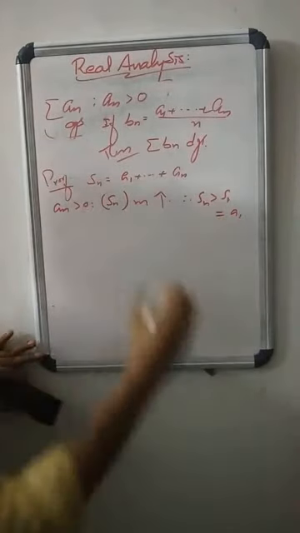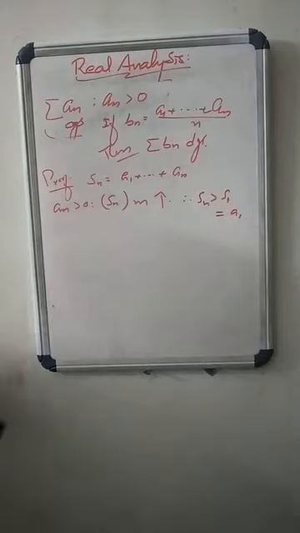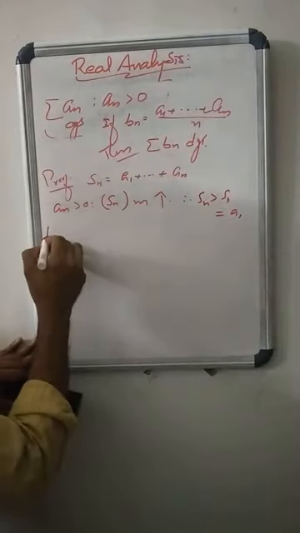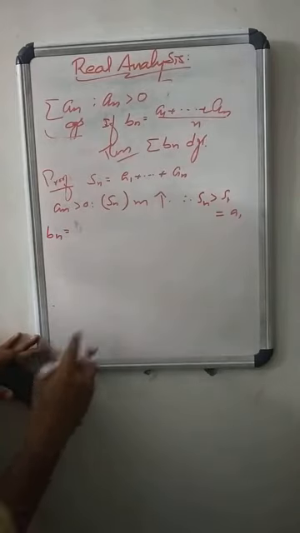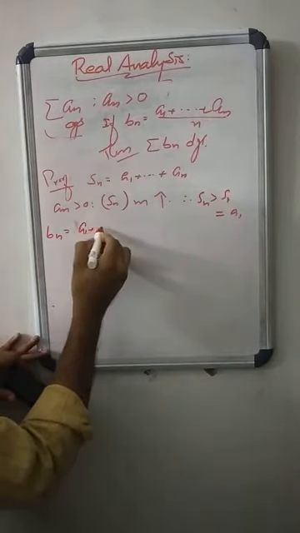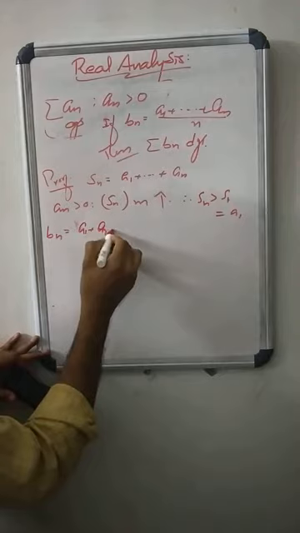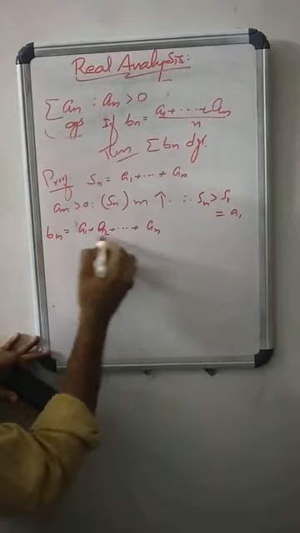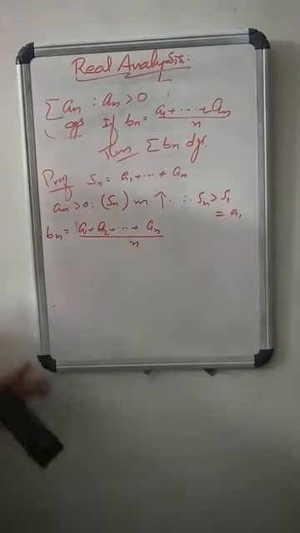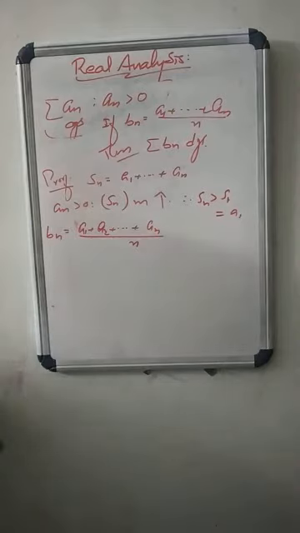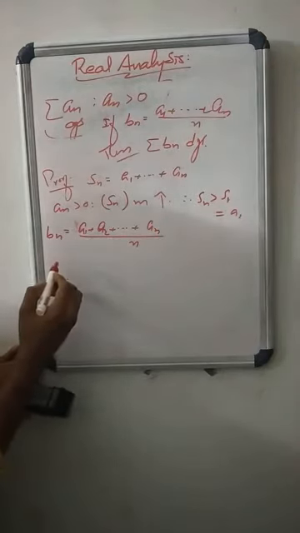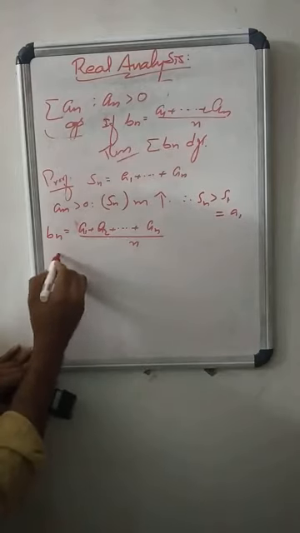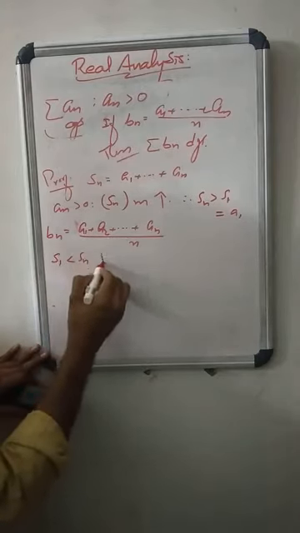What is actually S_1? S_1 means a_1. Now, from b_n, what is b_n? b_n equals a_1 plus a_2 plus etc. plus a_n, all divided by n. Okay? What is S_1 here? So clearly, from b_n, we have S_1 strictly less than S_n for all n.